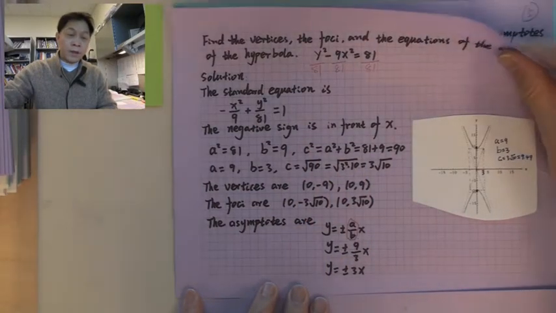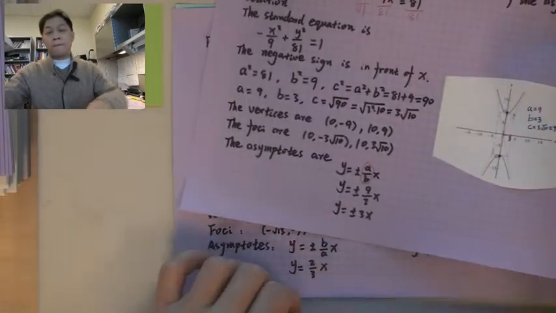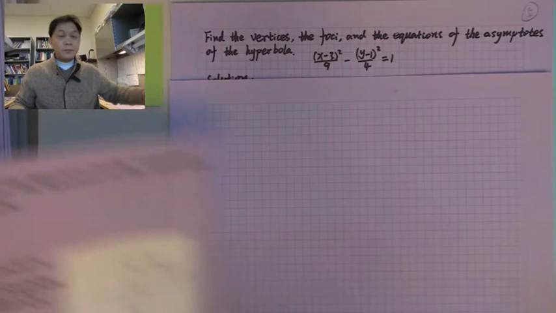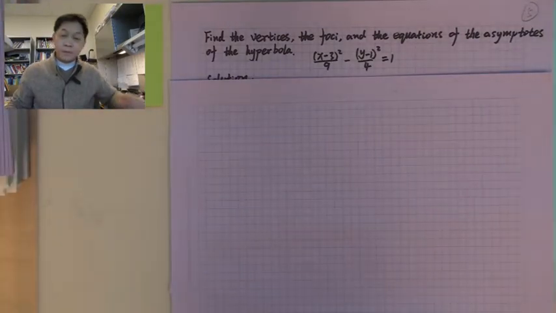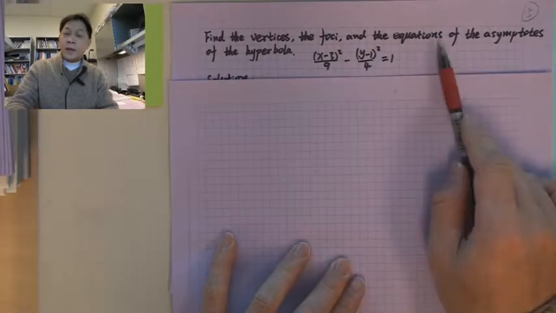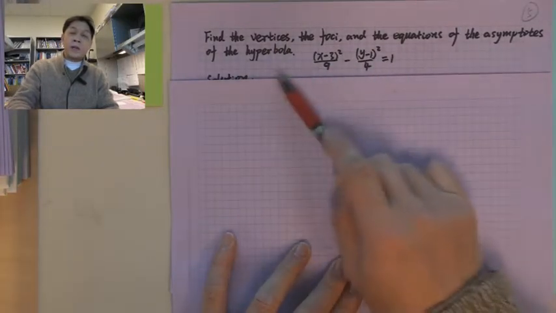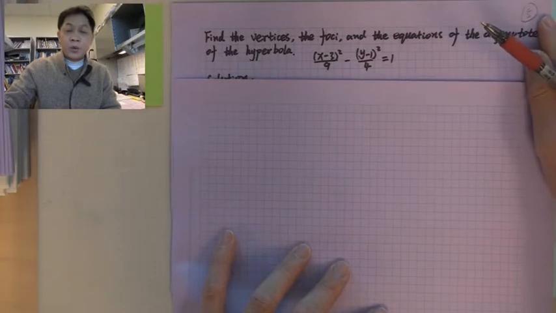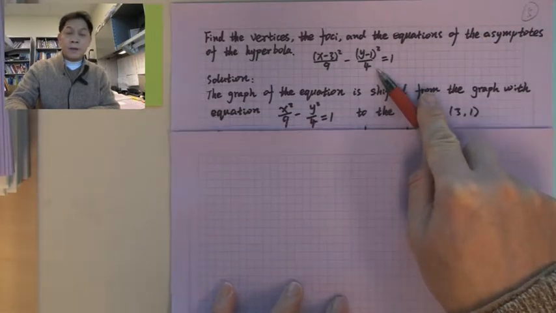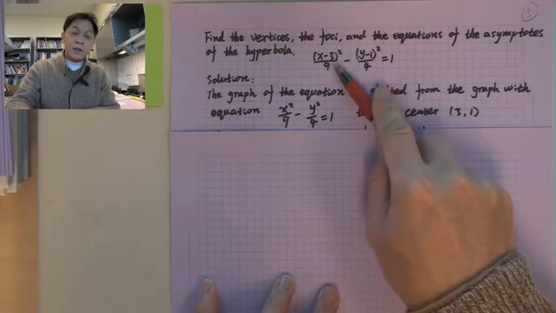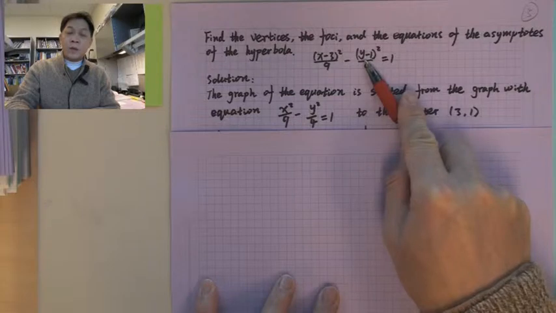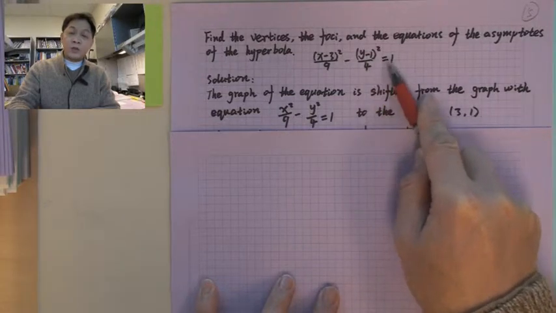Let's look at another example, which is again given an equation. Find the foci, vertices, and asymptotes of the hyperbola. This graph is a shifted graph: x minus 3 squared over 9 minus y minus 1 squared over 4 equals 1.